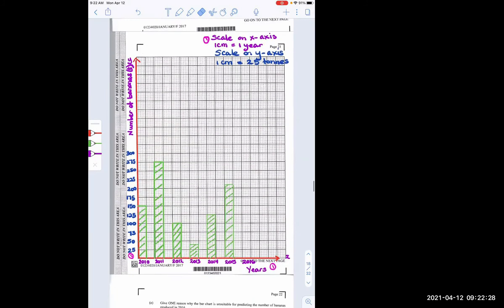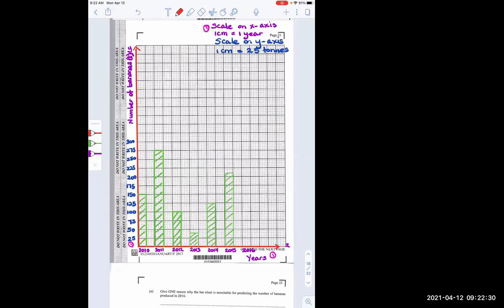Let's look at the graph. Which height is the greatest between two consecutive bars?